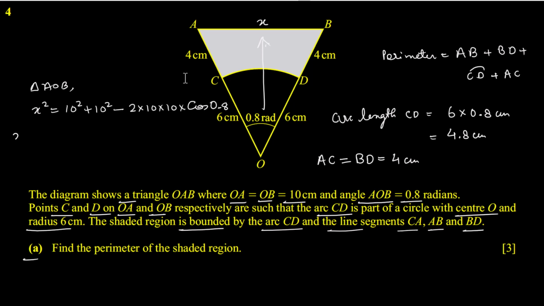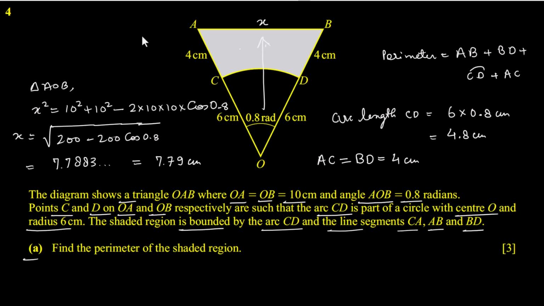Since it is going to be a length, it is just the square root of 100 plus 100, 200, minus 200 times cosine 0.8. And from the calculator I got it as 7.7883 and so on.